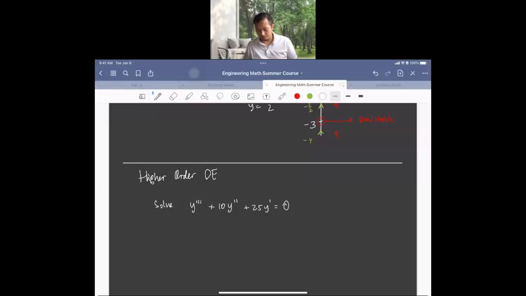Okay, now we have the homogeneous. We say that this is a linear equation with constant coefficients. What we are going to do first is make the auxiliary equation.